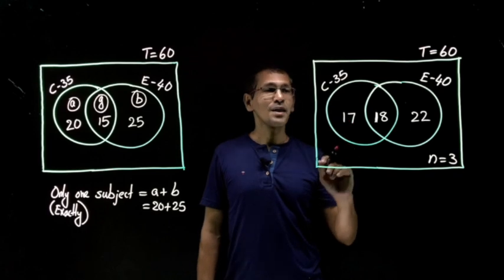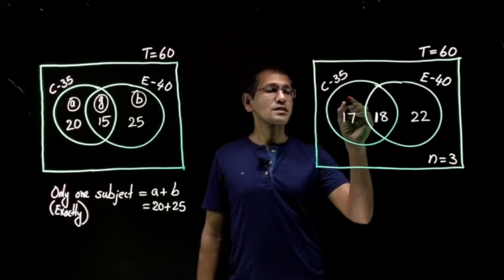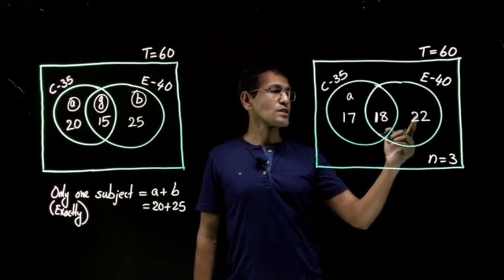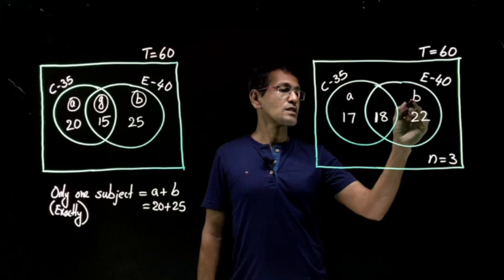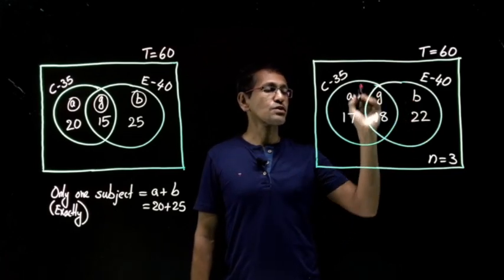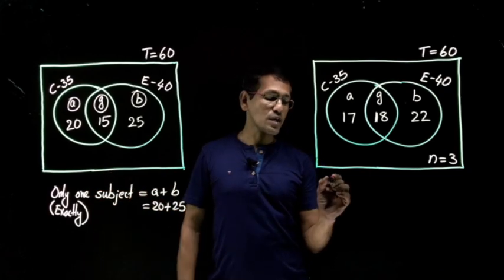Now in this case, the number of students who passed only in computer science, A, is 17. The number of students who passed only in economics is 22. And the number of students who passed in both is 18. How about the number of students who passed in only one subject?